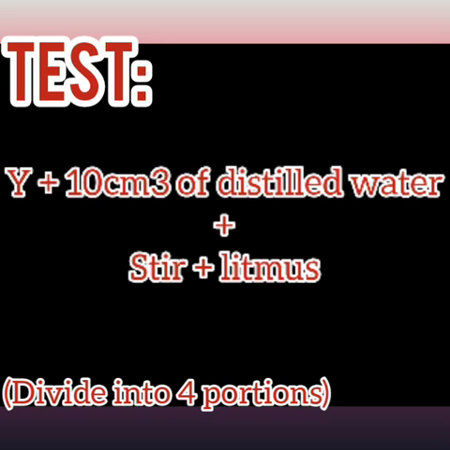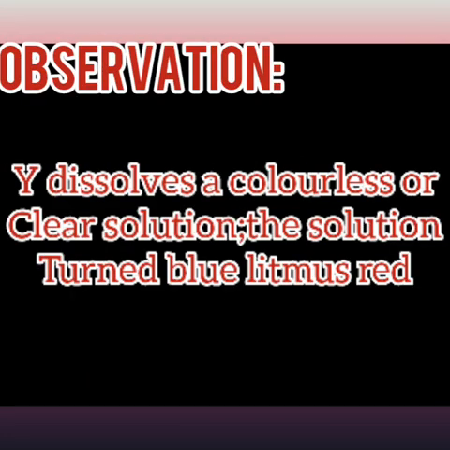Now for your first test, we have Y, which is your aluminium chloride, plus 10 cm cube of distilled water. Then you stir, plus your litmus. For your observation, Y dissolves to give a colorless, or clear, solution. The solution turned blue litmus red.